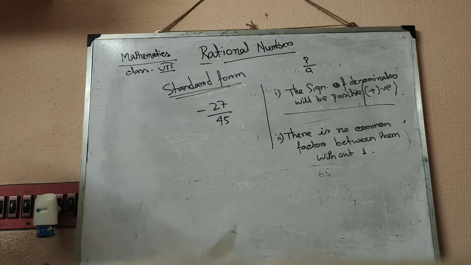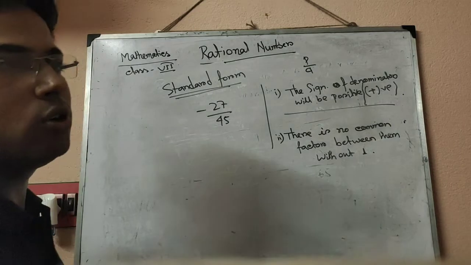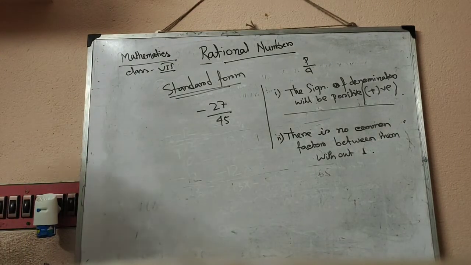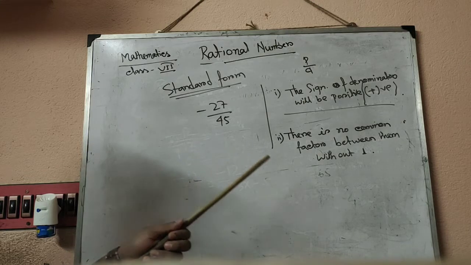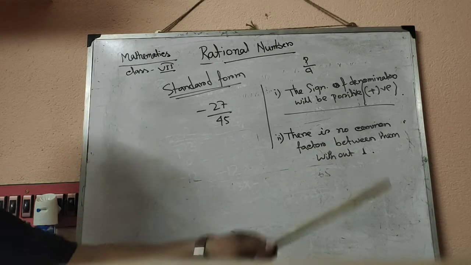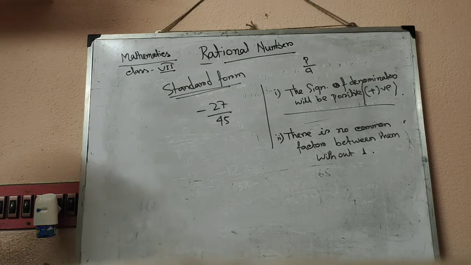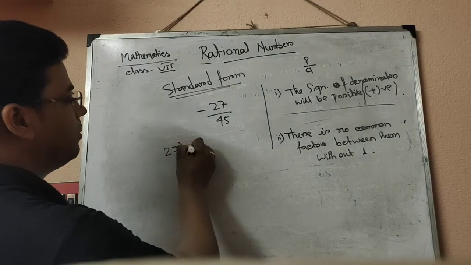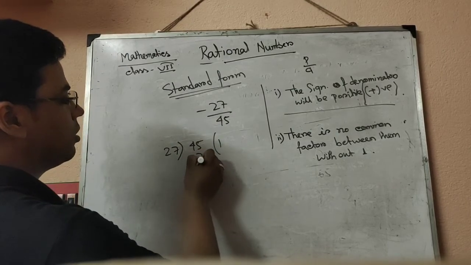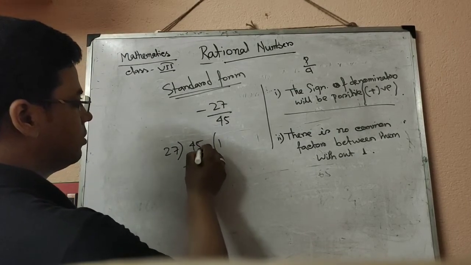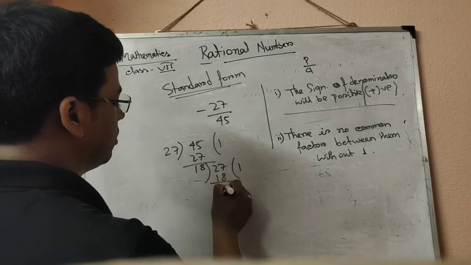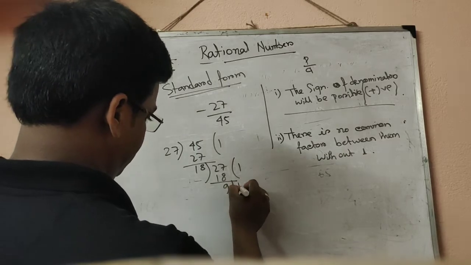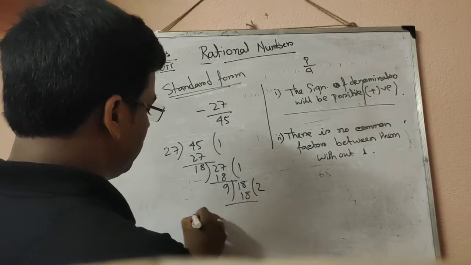That means the HCF will be used between them. And another note, the sign of the denominator will be positive. Here the sign of the denominator is already positive. So for the second fact, we calculate the HCF of 27 and 45.